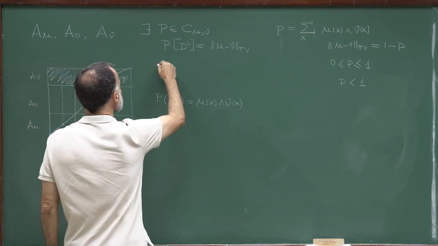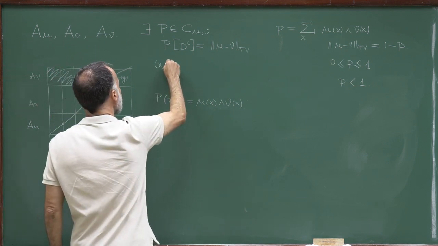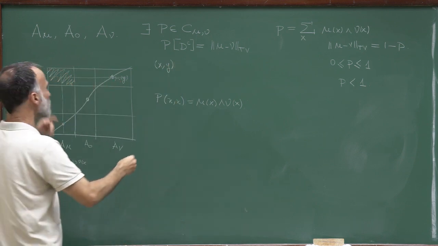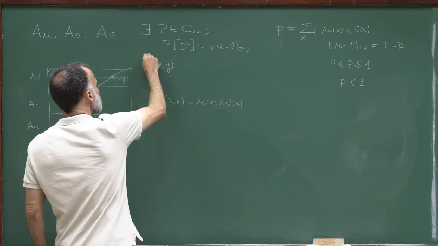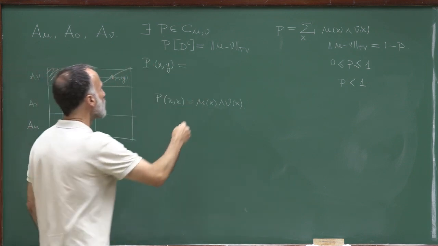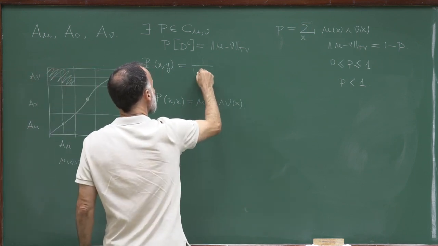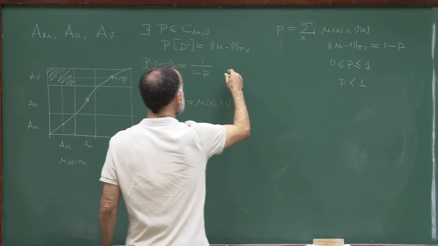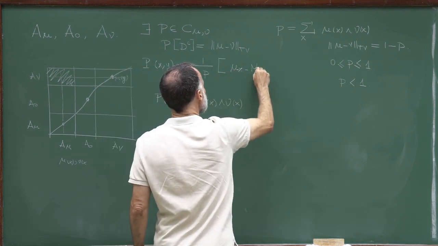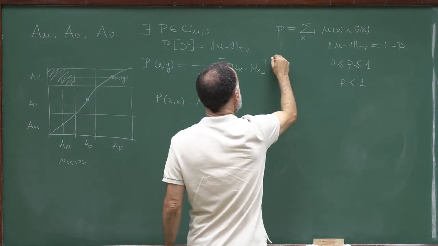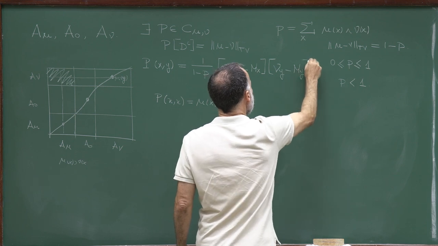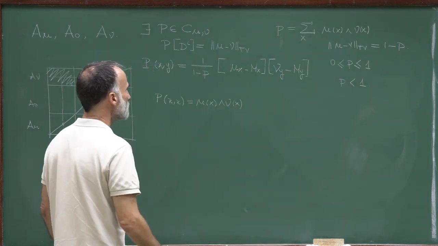So I have here a point x, y, which belongs to A mu times A nu. And what is the mass we will put on this point? Well, what I'm proposing is to put 1 minus p, times mu x minus mx, times mu y minus my, where m is now representing the minimum.